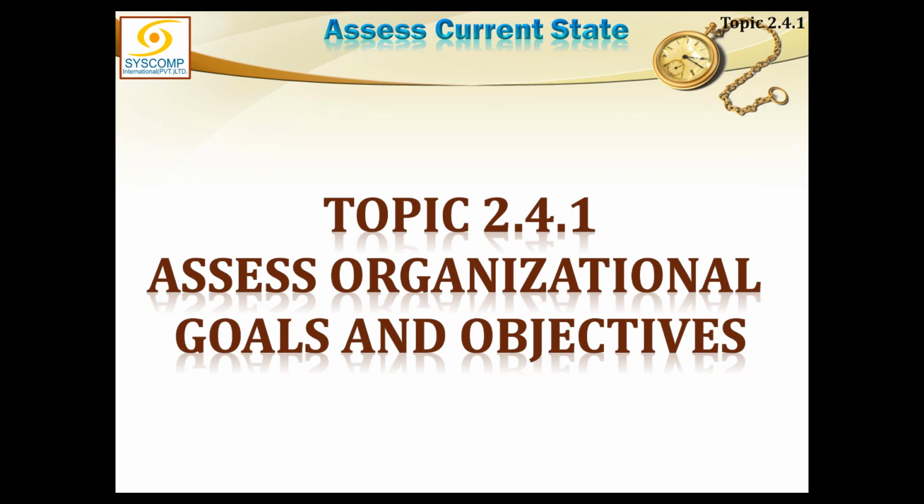After you have had a fair idea of the current status of the organization, now you look at the goals and objectives of the organization and assess where and how they can be benefited if this problem is resolved or this opportunity is exploited.